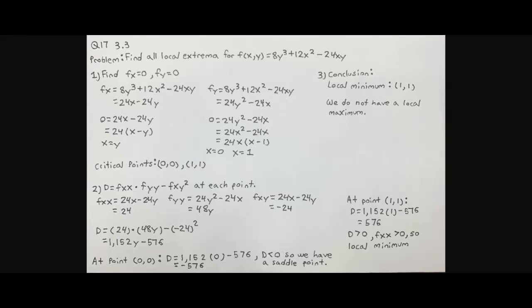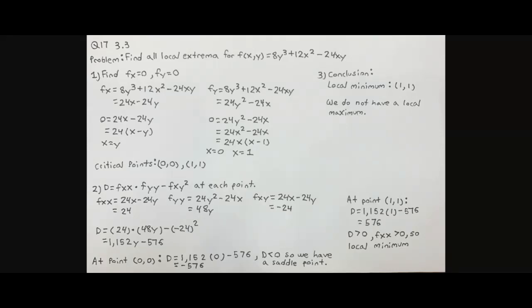So I did that by doing D is equal to fxx times fyy minus fxy, all squared, at each point. So fxx is equal to 24x minus 24y.